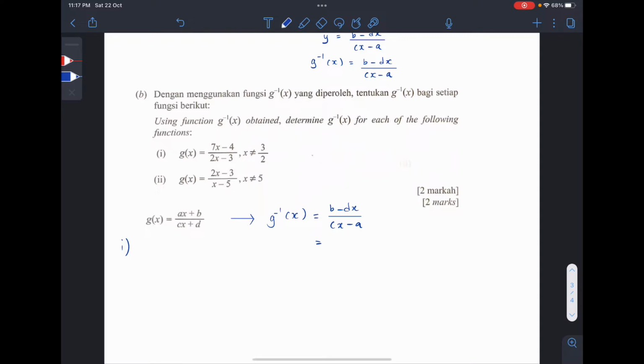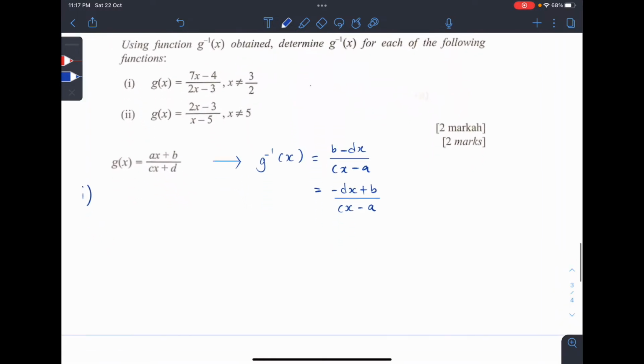I'm just going to switch it up a little bit and write the negative dx to the front, because when I substitute in numbers later on, I always prefer my x at the front.